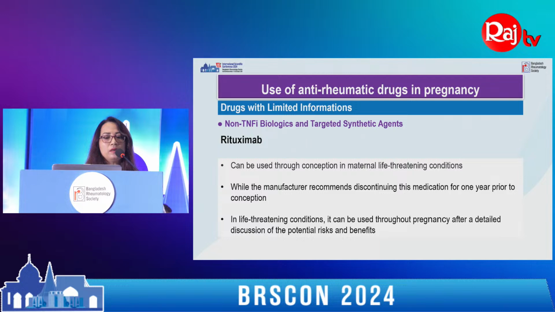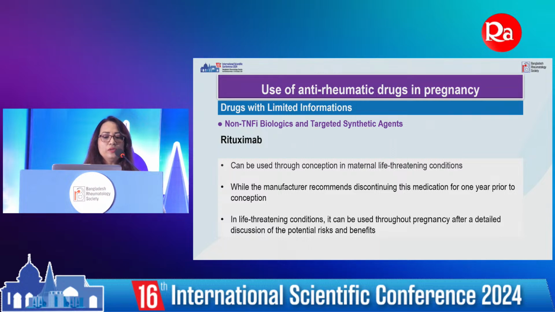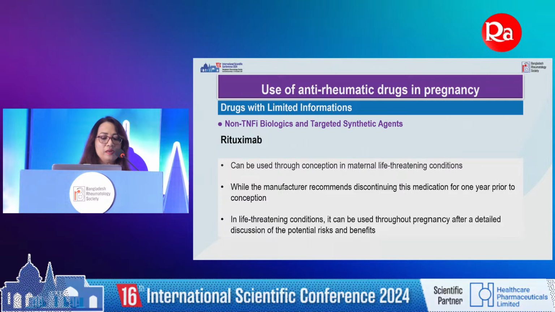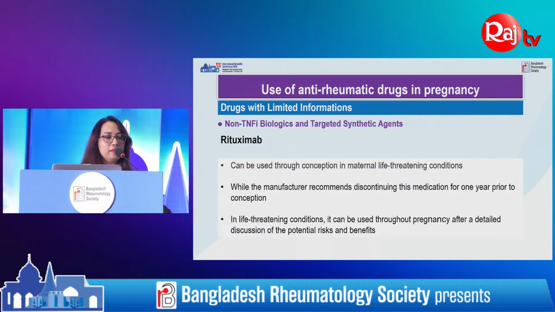For the non-TNF biologics, one important drug which is available in our country is rituximab. So rituximab can be used through conception if maternal life is at risk. While the manufacturer recommends continuing this medication for 1 year prior to conception, in life-threatening conditions, when maternal life is at risk, we can use this drug when potential risk is less than the benefit.